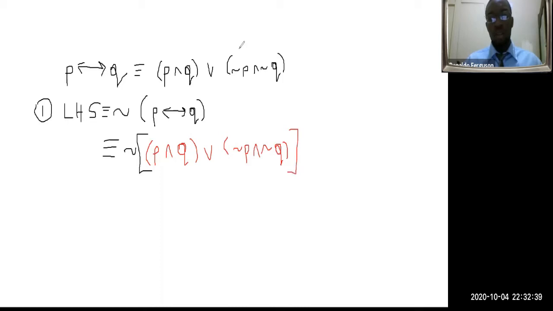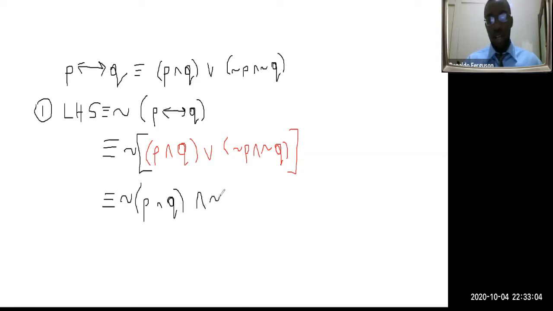Now, if we expand in here, we're going to expand in the negation. What we're going to then get is, it is equivalent to the negation of P and Q, and then the negation of or becomes and. We just learned this, the negation of or is and.